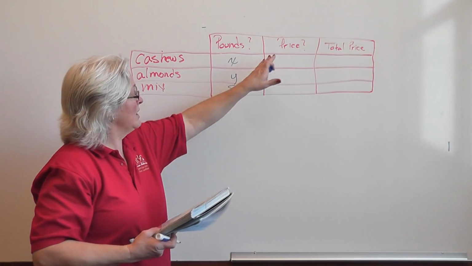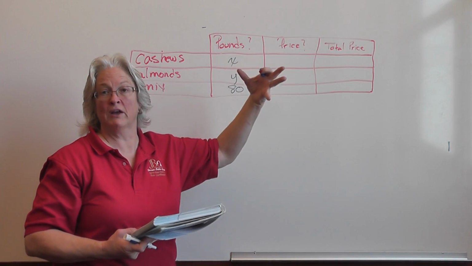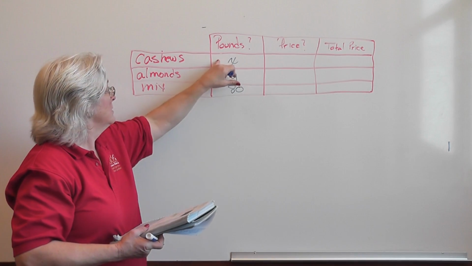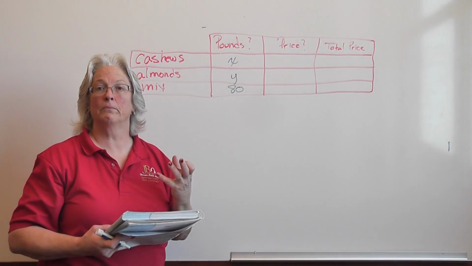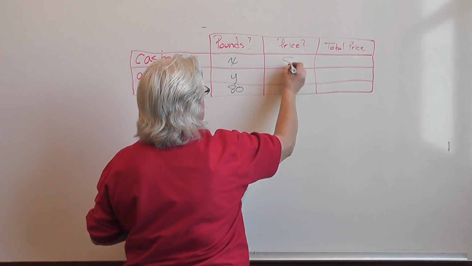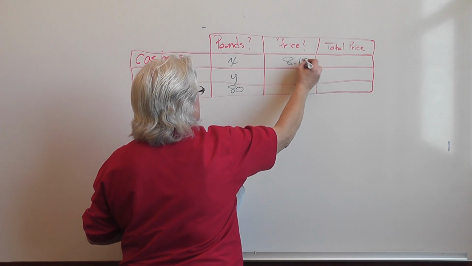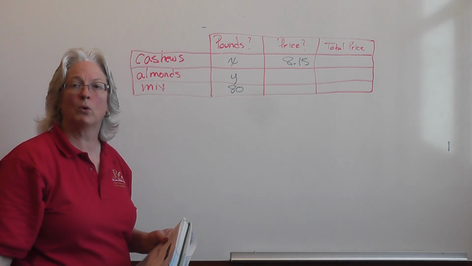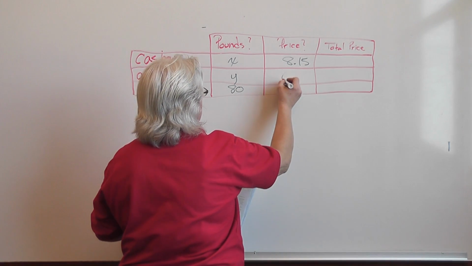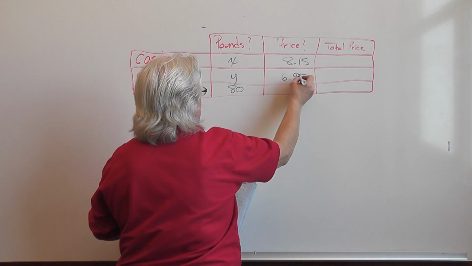Now, what is the price? This right here, when I just abbreviated price question mark, we need to know the total price per pound. In our book, the price per pound for the cashews, I believe, is $8.15. Write it as a decimal, 8.15. And the price for the almonds was $6.95.